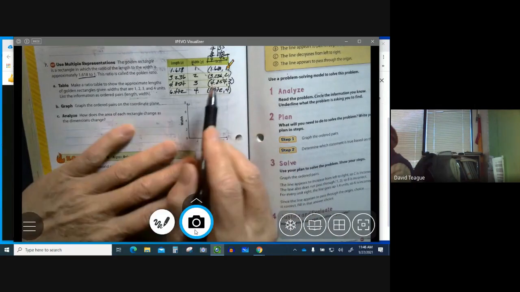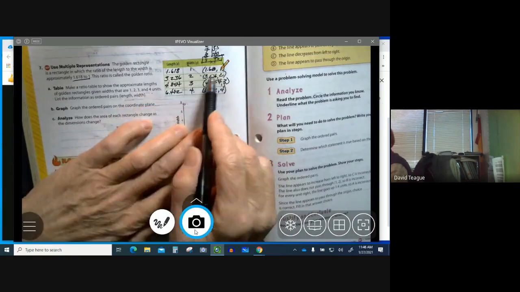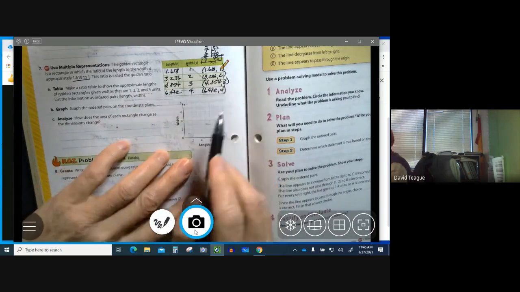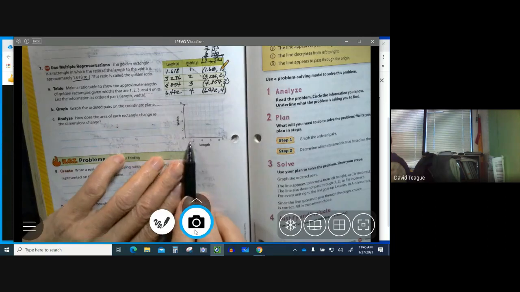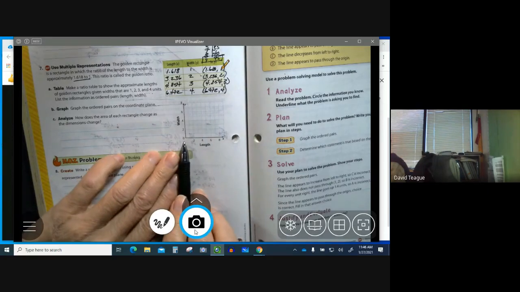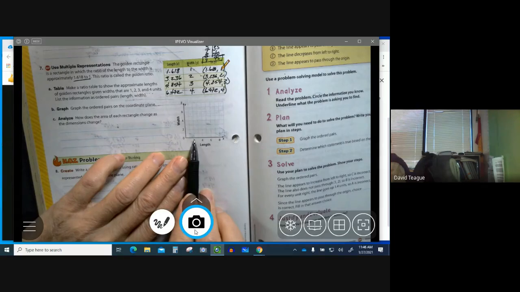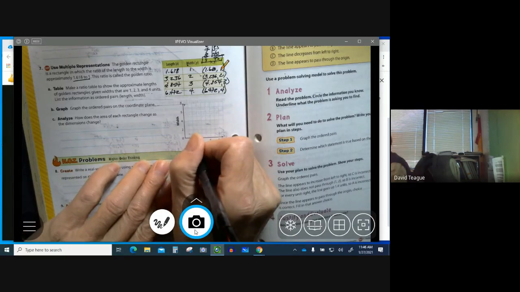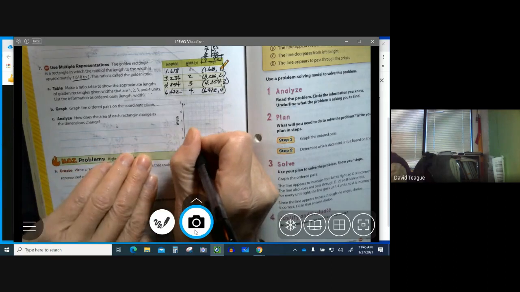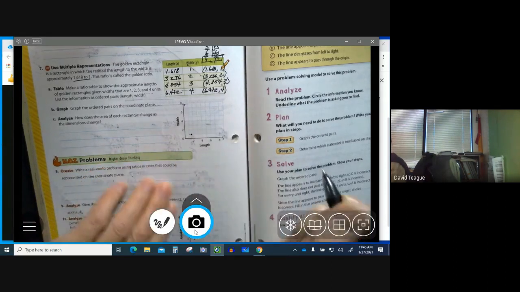My first ordered pair is 1.618, 1. That's a little bit more than 1.5. So here's 2, this would be 1, so 1.6 would be somewhere right about here, and we go up to 1, which is right here. We put a dot right there, about.